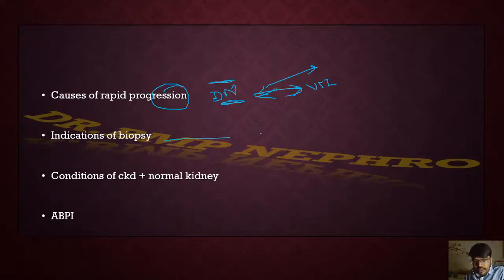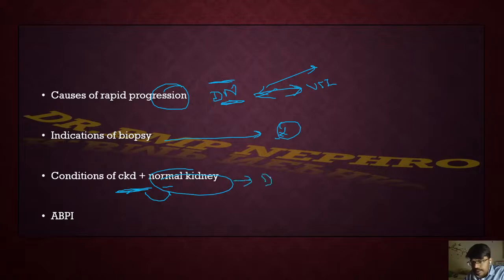And what are the indications for biopsy in type 2 diabetes or type 1 diabetes? When to plan a biopsy? And what are the conditions where the patient might be in ESRD but the kidney size might be normal? Diabetes, amyloidosis, HIV. And the question can be reversed: what are the conditions where the kidneys are small?